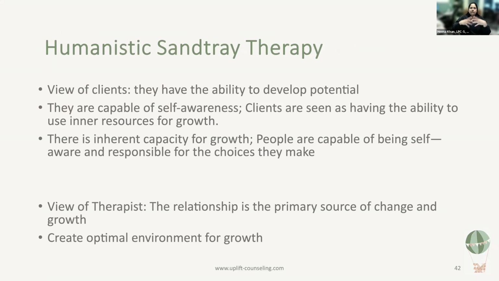So just a little bit about the humanistic piece. Coming from Carl Rogers and the child-centered, person-centered model, we believe that clients are capable of self-awareness. There's this inherent capacity for growth. People are always striving for growth. They have the inner resources.